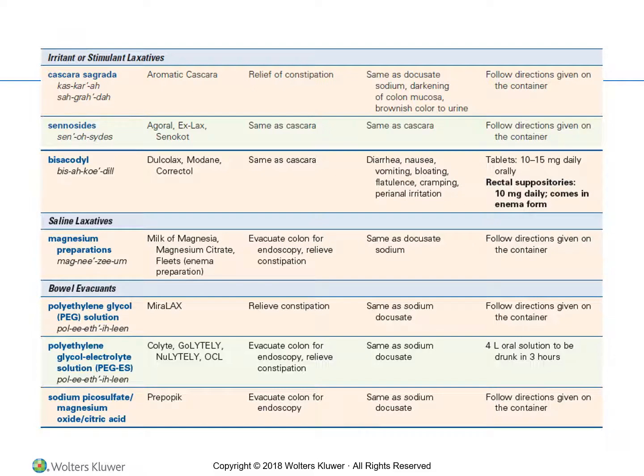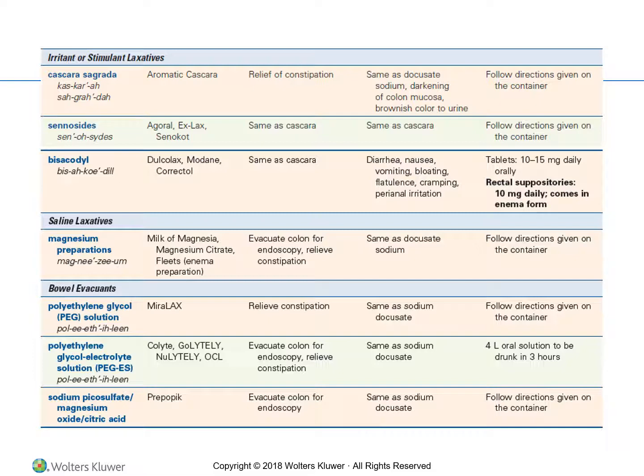So this is your Senna, this is your Cascara sagrada, and both of those can cause discoloration to the urine. And then it also includes the bisacodyl, like Dulcolax. They're going to cause or stimulate the bowel to move, so it increases that gastrocolic reflex.